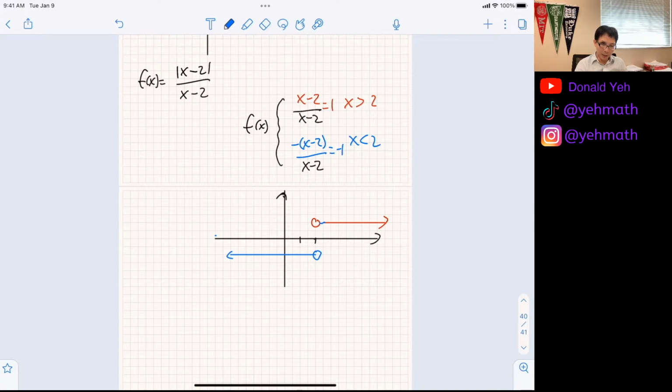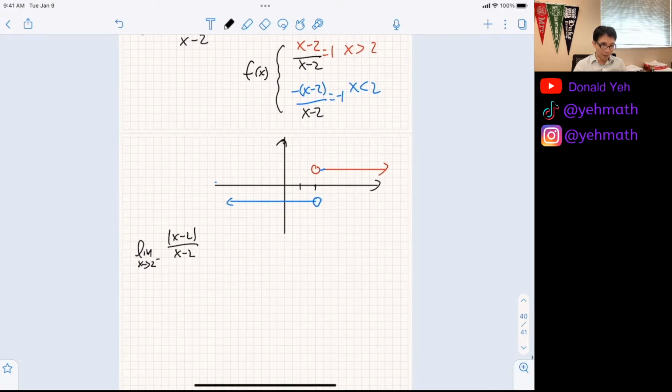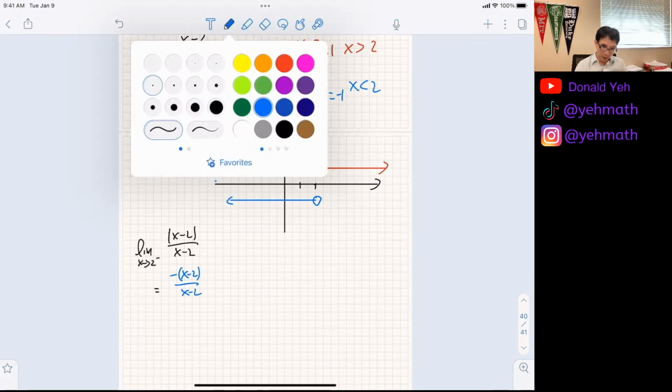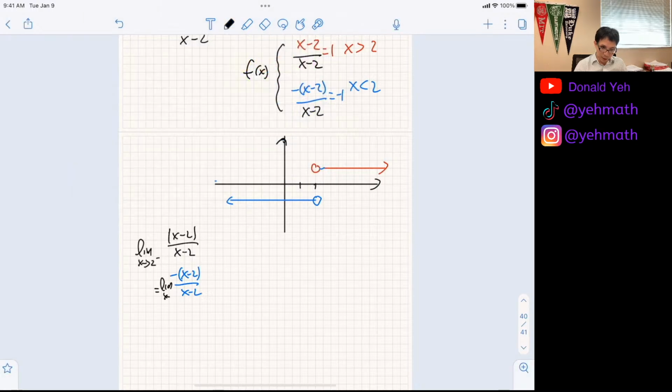Now, the next thing is going to be, what if I have the limit as x approaches 2 from the left? It's a piecewise equation: absolute value x minus 2 over x minus 2. If it's 2 from the left, you're going to plug in the blue one, and this is going to become -1.